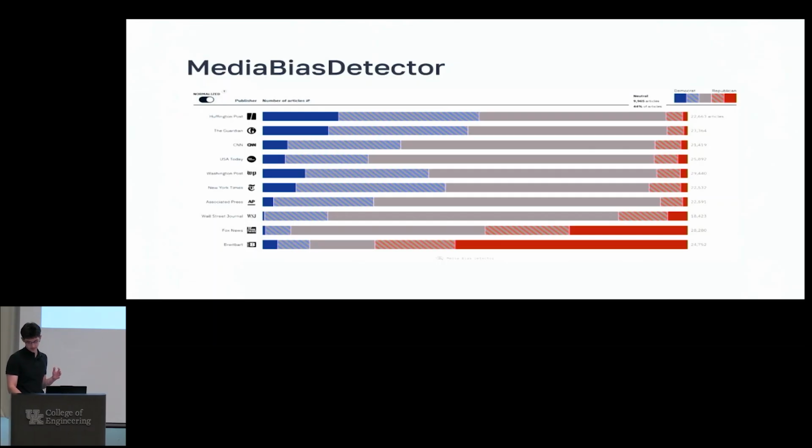So Media Bias Detector is a new tool from the University of Pennsylvania that shows us that just because a publisher tends to lean towards a certain bias, every article is unique, and publishers publish articles with varying amounts of bias from across the spectrum.